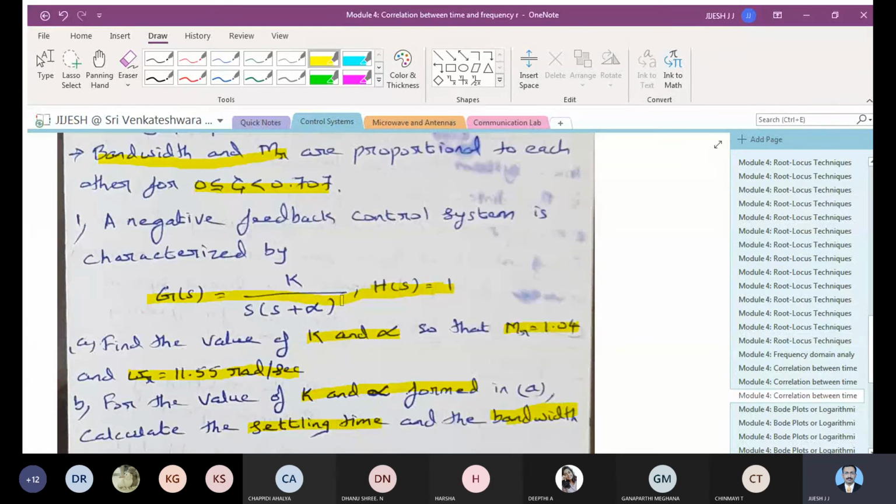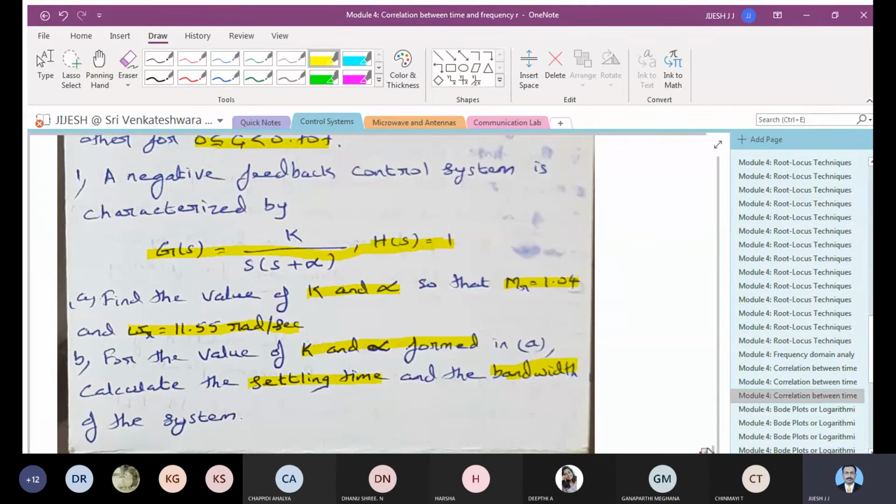Also, we need to find the settling time as well as the bandwidth. All the equations are there with us, so let us use the equations and find these things. Have you all noted down this problem? Yes, sir. Okay.